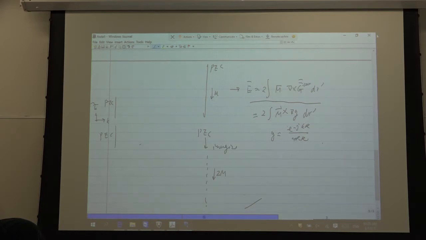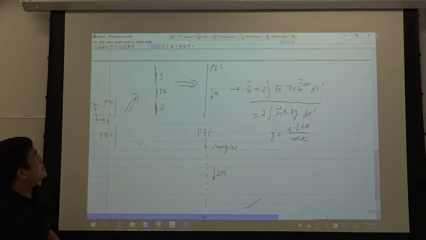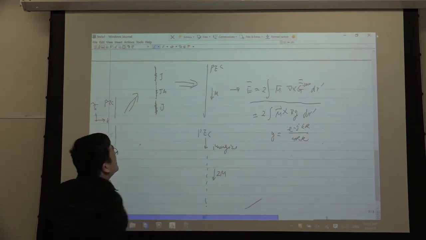So this problem first is equivalent to here. It has the equivalent currents J and M in this part, and this part only has J, because this is PEC. So this is the equivalent current. Then I put the PEC here.